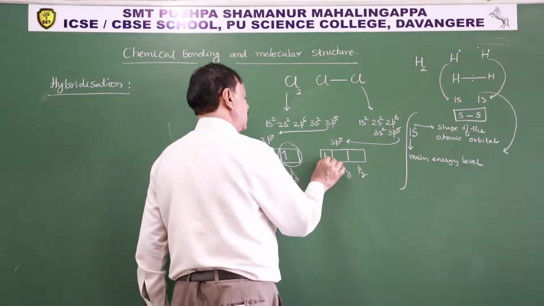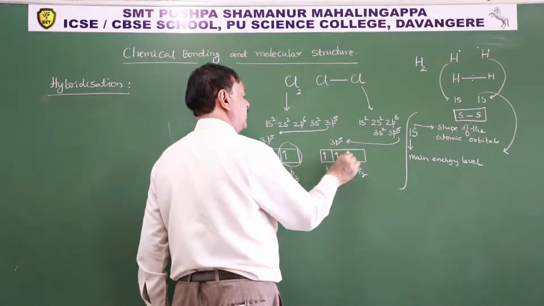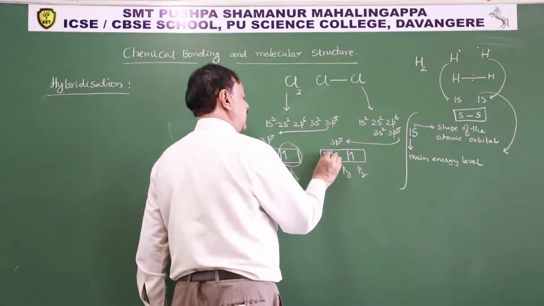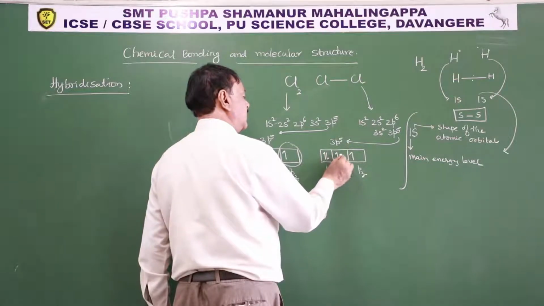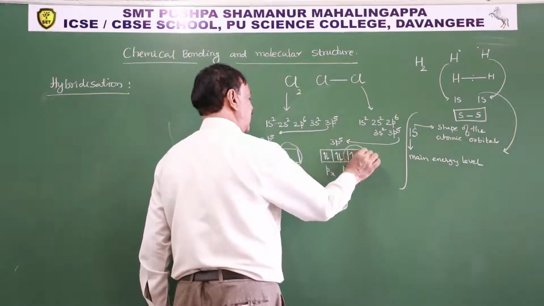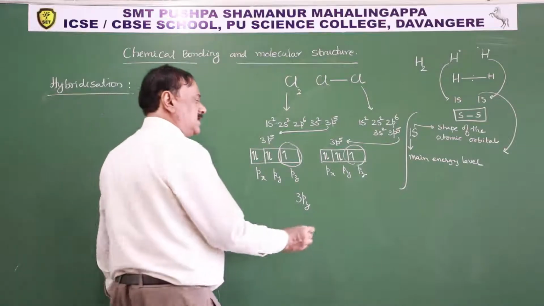Here also the neighboring chlorine atom has px 1 electron, py 1 electron and pz 1 electron, and the 4th electron occupies the px and the 5th electron occupies the py atomic orbital, and the unpaired electron is present in the pz atomic orbital, that is 3pz.